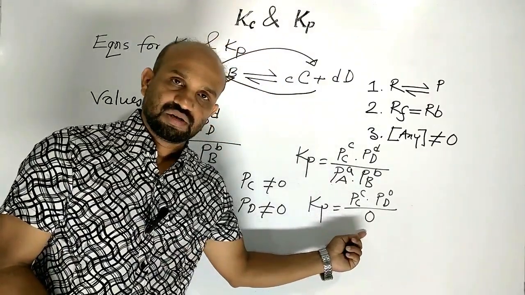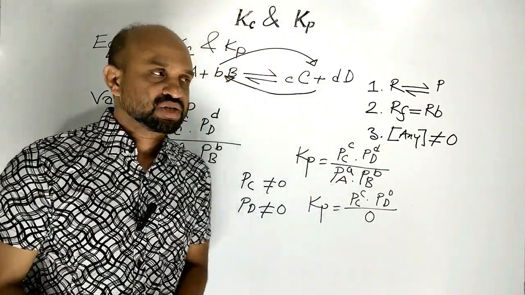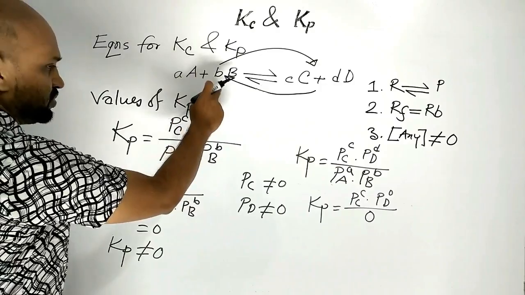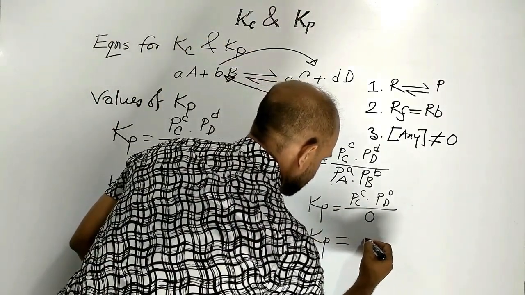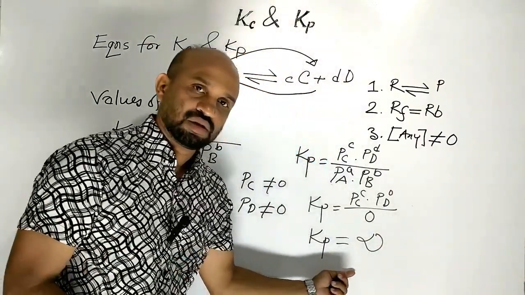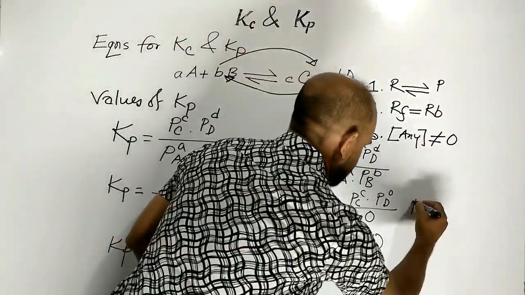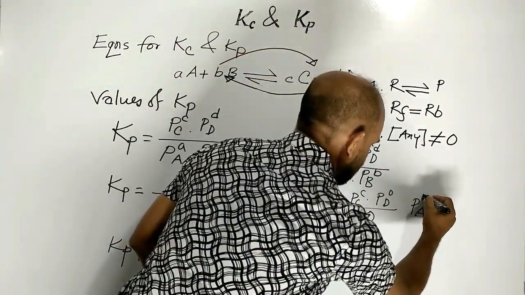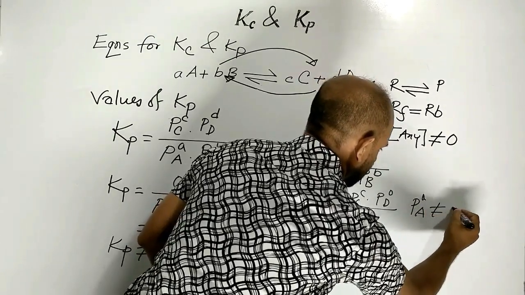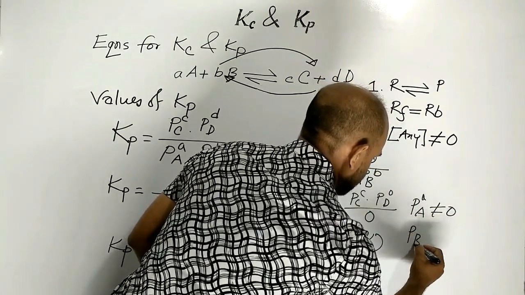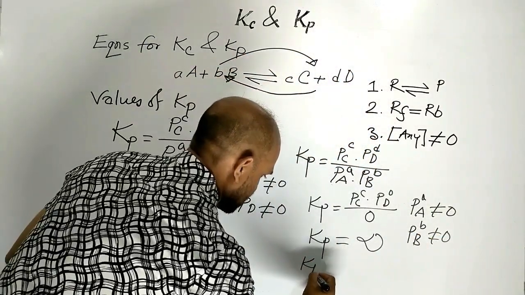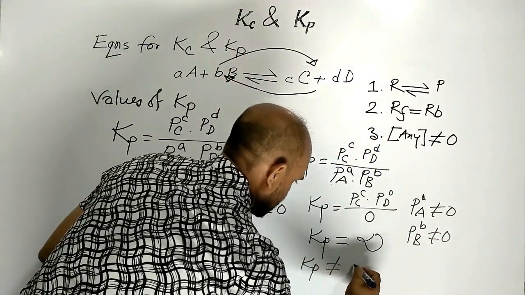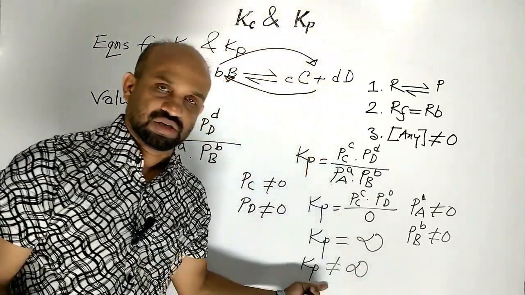If we consider the product of the partial pressures of A and B is 0, then Kp will be infinity. But partial pressure of A cannot be 0, partial pressure of B cannot be 0. So Kp cannot be infinity.